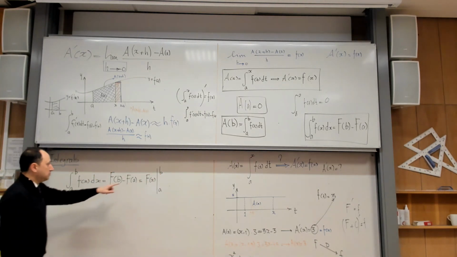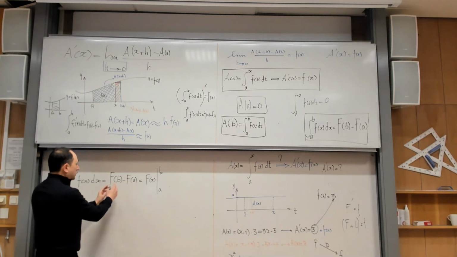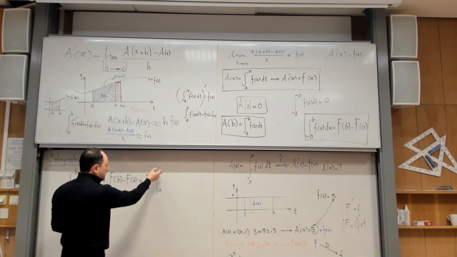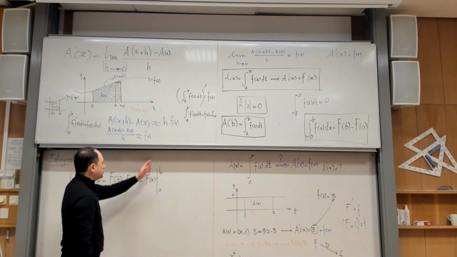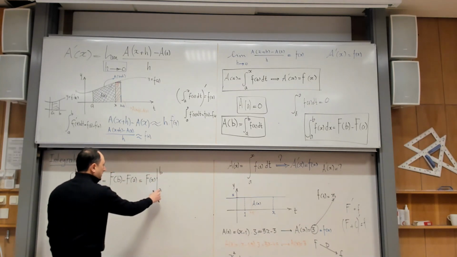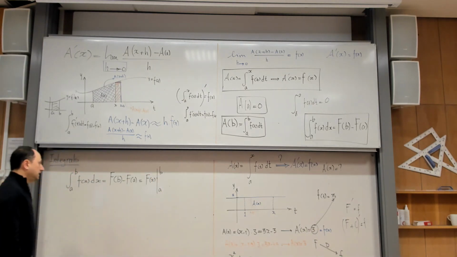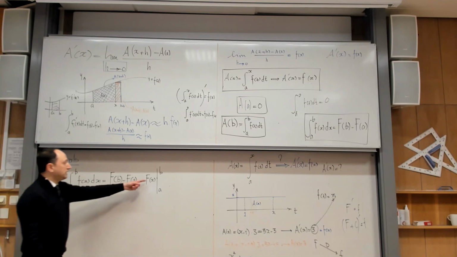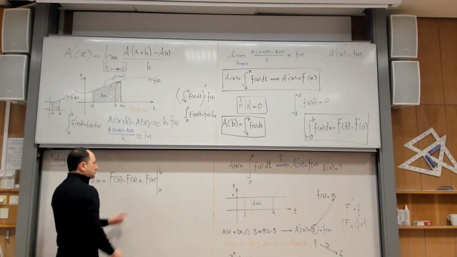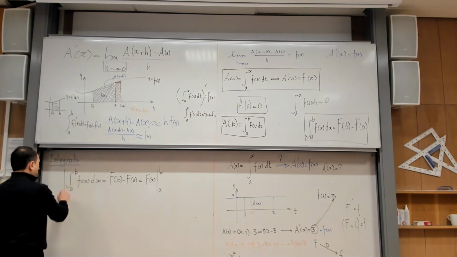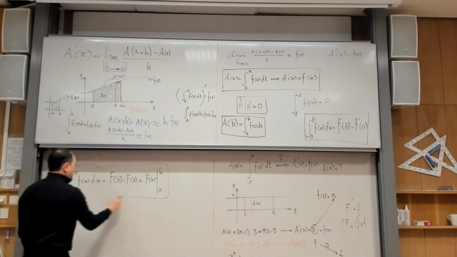And that is the meaning of this. So instead of writing F of b minus F of a, they write F of x. Be careful, this is not an integral sign. This is just a vertical line here. And then you write a a little bit lower and b a little bit above. Whenever you see this symbol, it means F of b minus F of a. That's just a symbol. There's nothing in it.